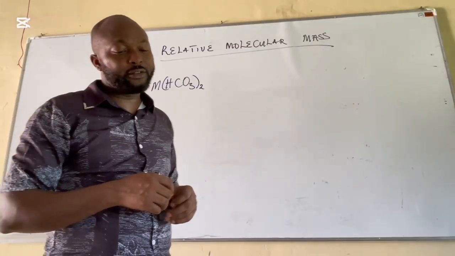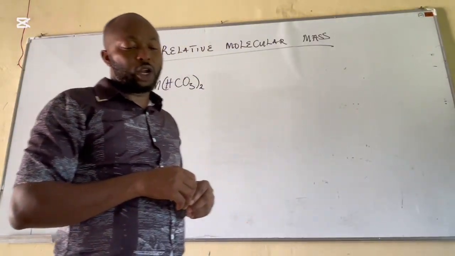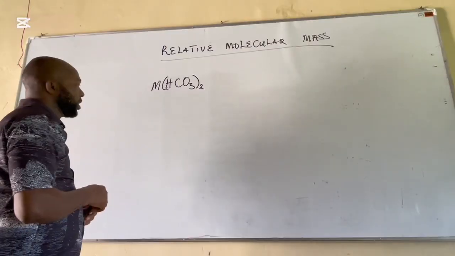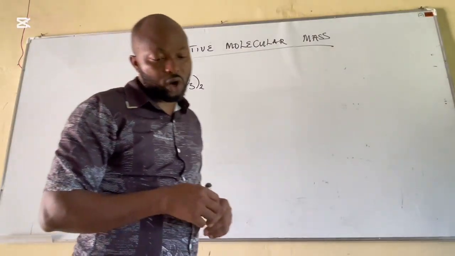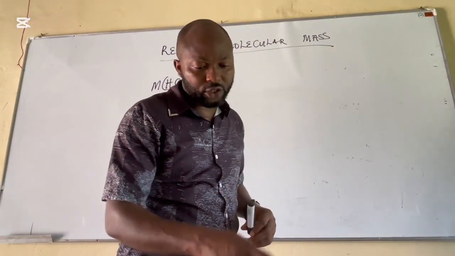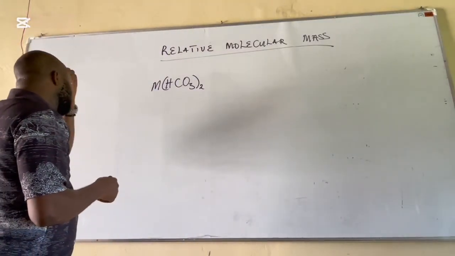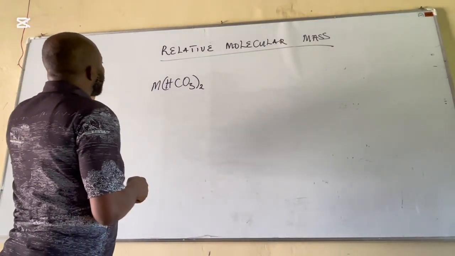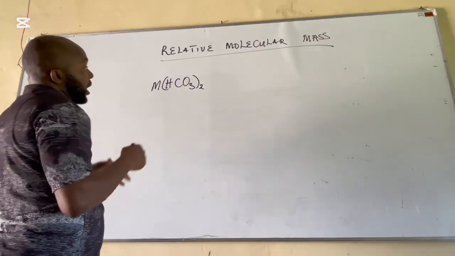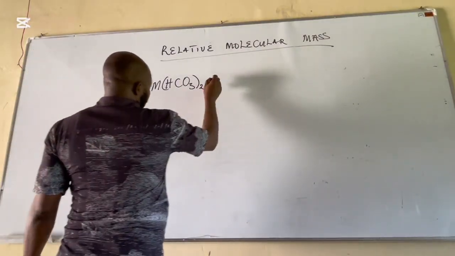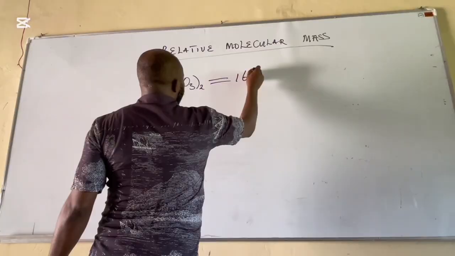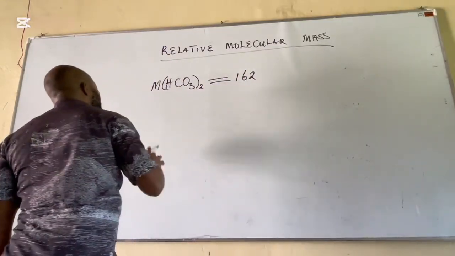Calculate the relative molecular mass of M. They say it has 162. So, for us to be able to do that, we equate the empirical formula to the relative molecular mass. So, this is equals to 162.